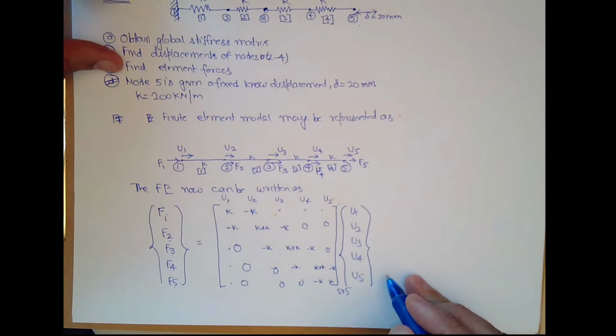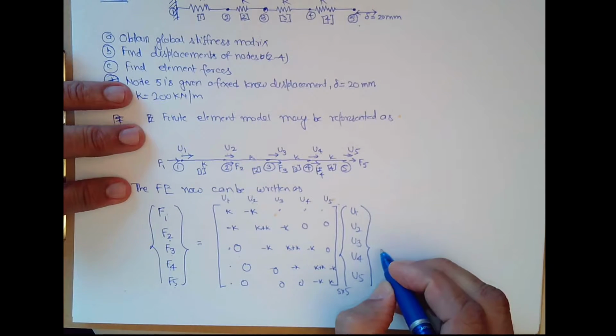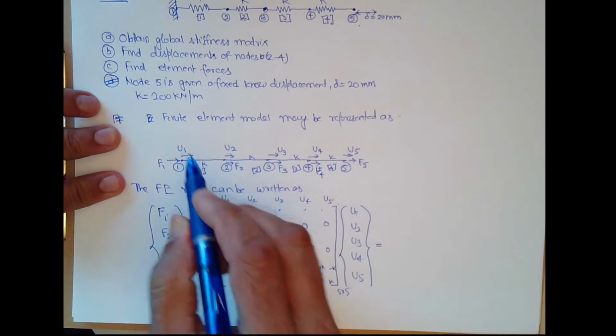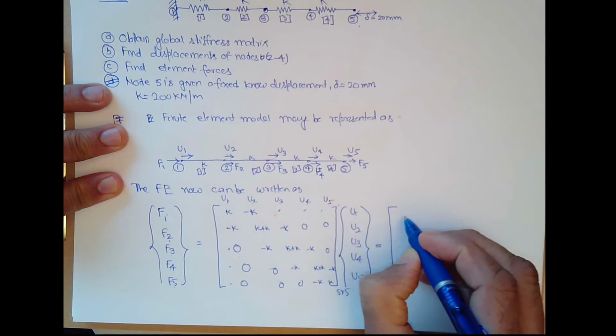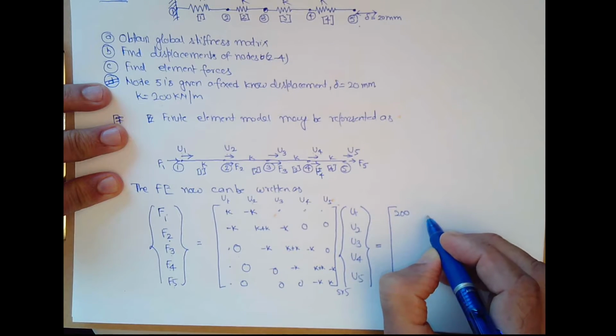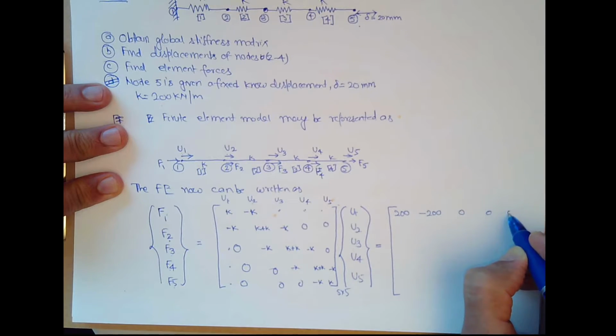So in a nutshell, in simplified manner, I am going to write it this way. K is known as 200. So this is 200, this is minus 200, this is 0, this is 0, this is 0.